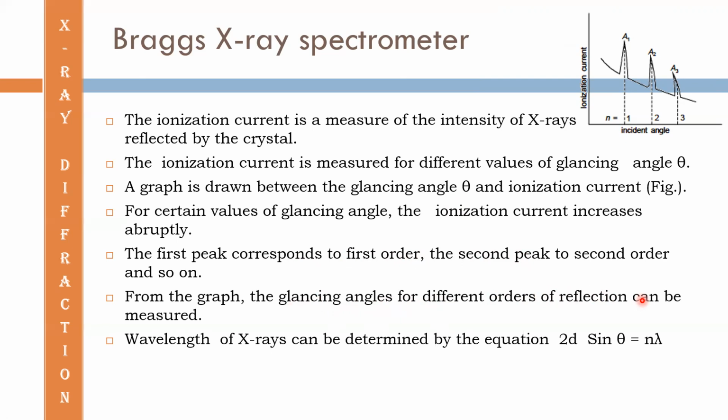The wavelength of X-rays can be determined by the equation 2d sine theta is equal to n lambda.